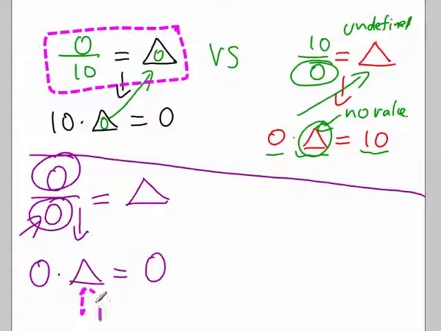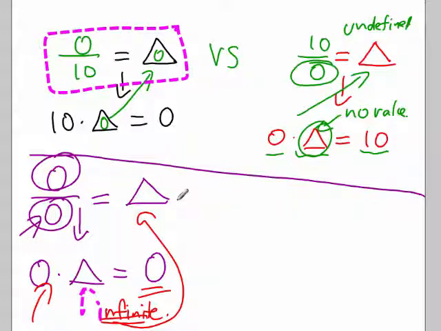Well, there's an infinite number of possibilities. Any number times 0 will be 0. And since there's not just one fixed answer, we say that this is also undefined, 0 divided by 0. But you can see the reason is a little different than a number divided by 0.